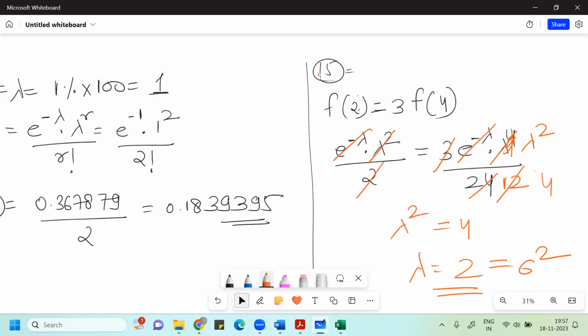Just 3 is there, na? Who asked this question? 3 is there, na? Here 3 is there, no? Here 12. 3 by 12 is 4, na?